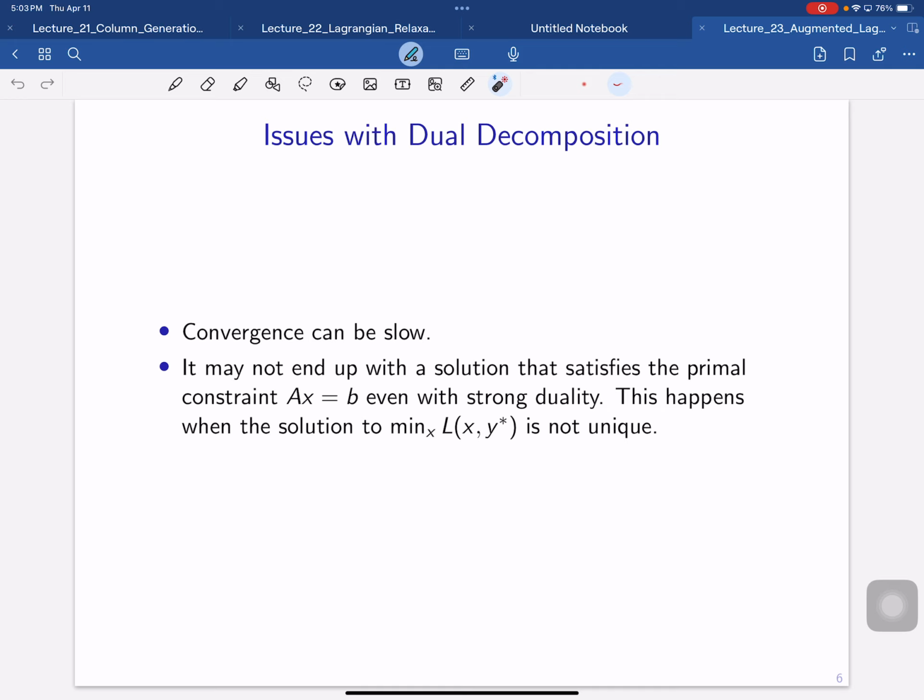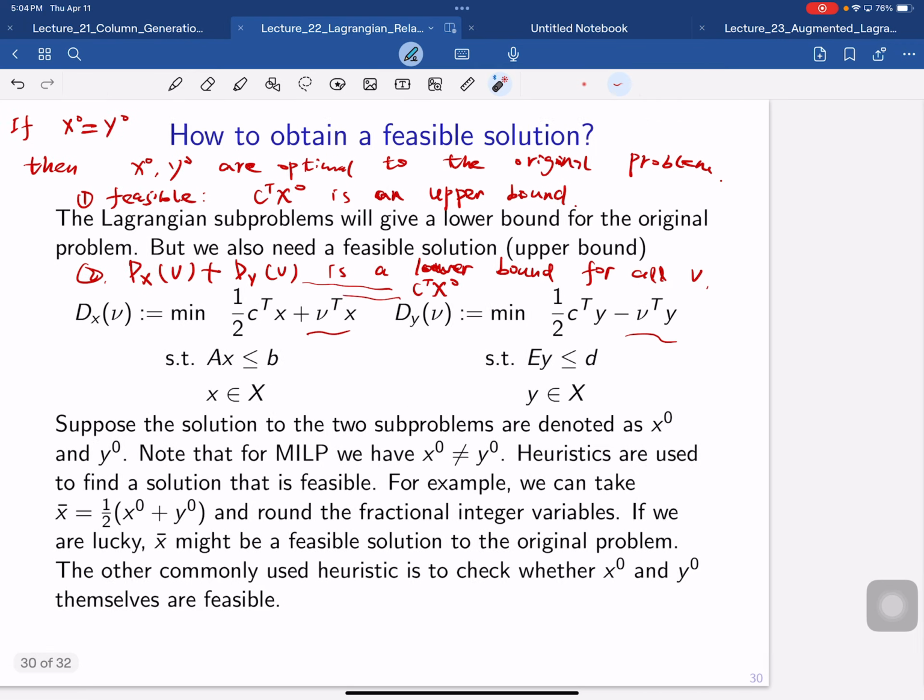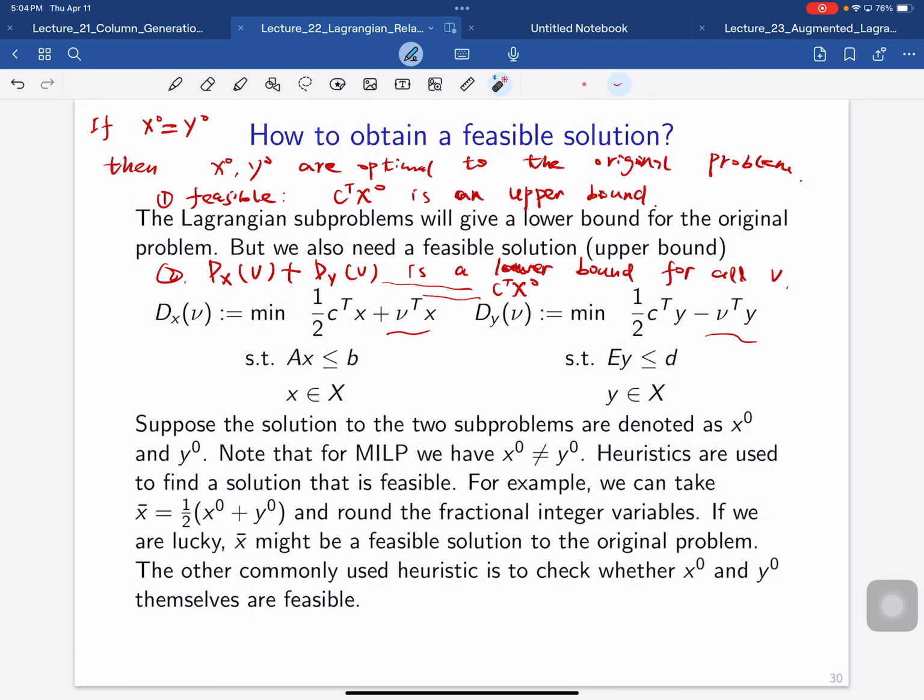We showed that in the MILP case, you may not end up with a primal feasible solution, right? Recall that if you have x0 equals y0, you end up with a primal feasible solution, and then it must be optimal. But this usually doesn't occur in practice. You may end up with x0 always not equal to y0.